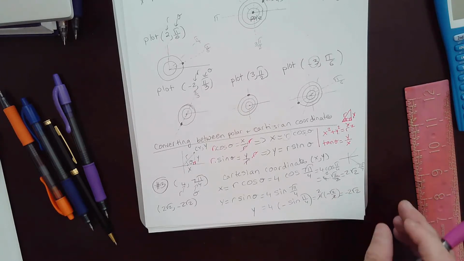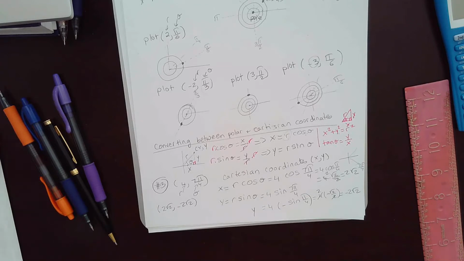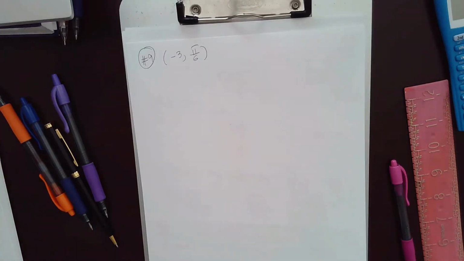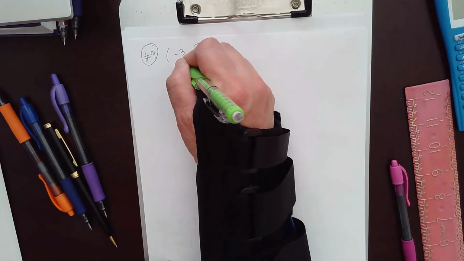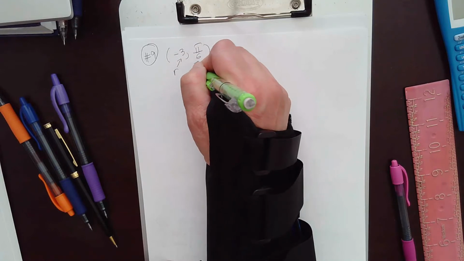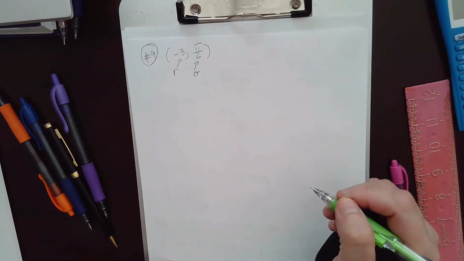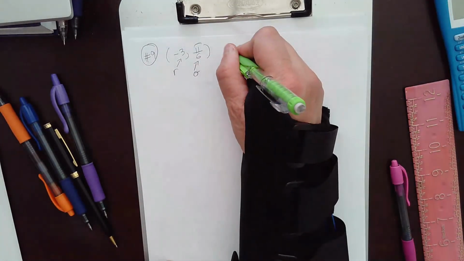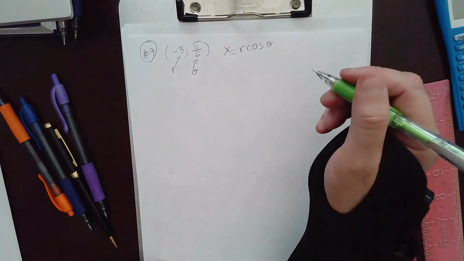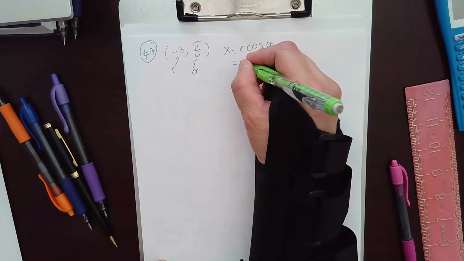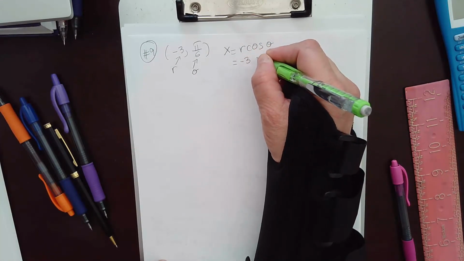Okay, so we need to now convert another polar coordinate to a Cartesian coordinate. So again, what is this? Remember, in the polar coordinate, this is r and this is theta. How can we get the Cartesian coordinates? Now remember, x is equal to r cosine theta. So r is -3, cosine theta.